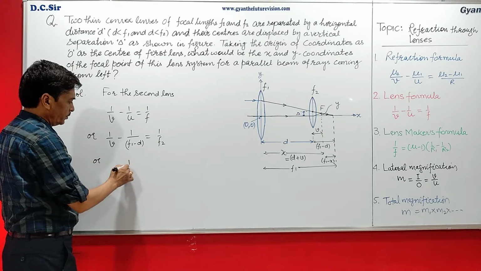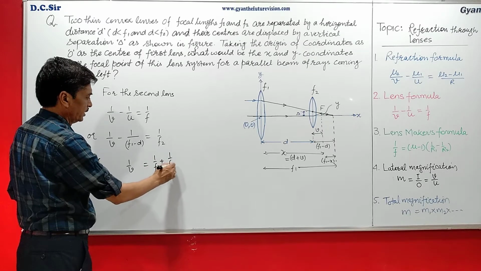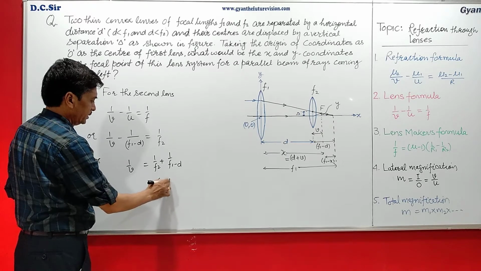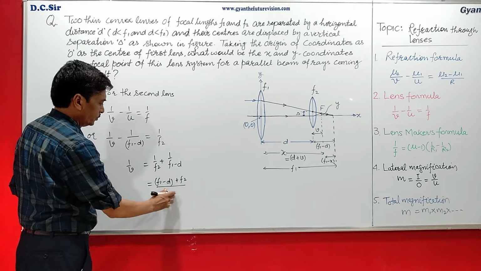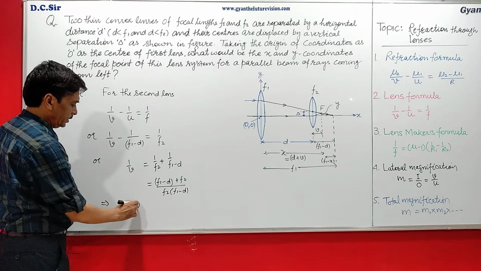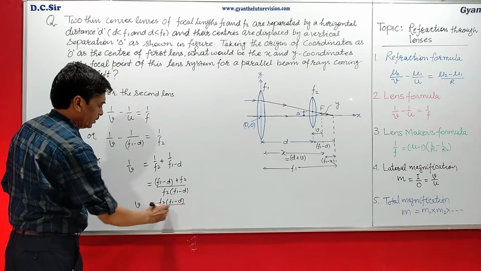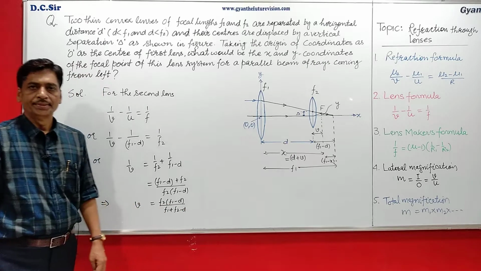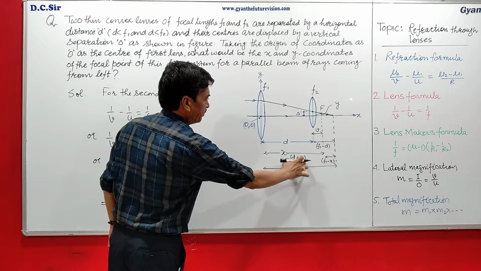Or 1 upon b is equal to 1 upon f2 plus 1 upon (f1 minus d), or this will be (f1 minus d plus f2) upon f2 (f1 minus d), or this will give you v is equal to f2 (f1 minus d) upon (f1 plus f2 minus d). Okay, so the x coordinate will be d plus v.